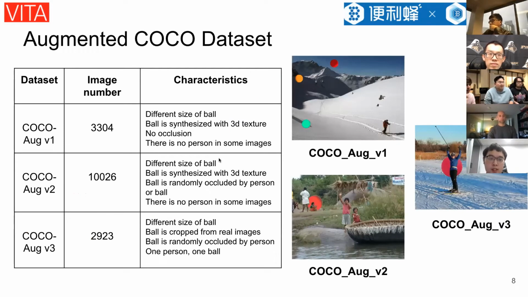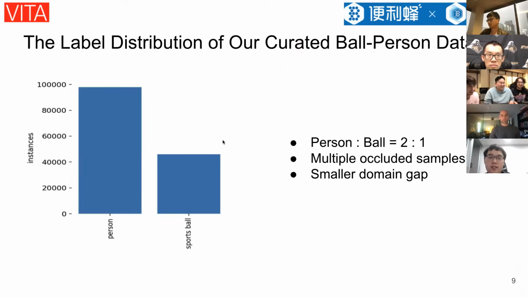Here we propose three COCO data sets. The left one is the detail of the proposed data sets, and the right shows example images for each data set. Okay, next. With the synthetic data set and the COCO data set, we get the final label distribution for the new data set.